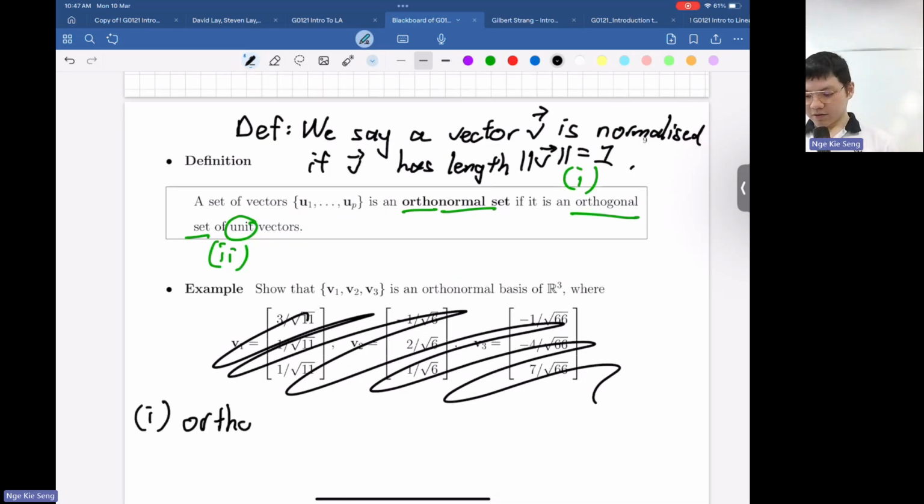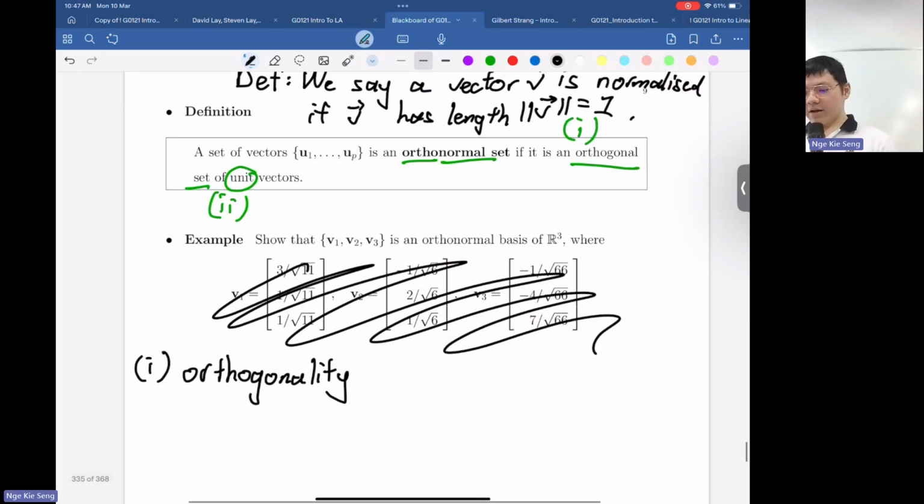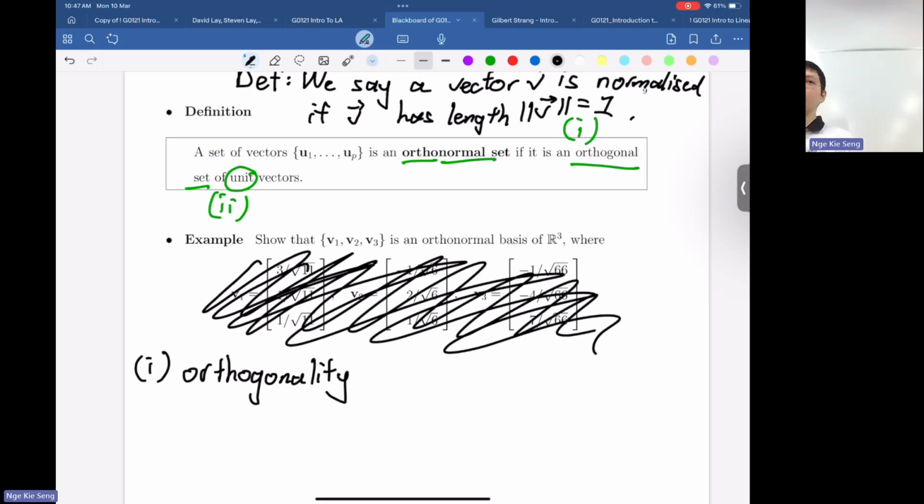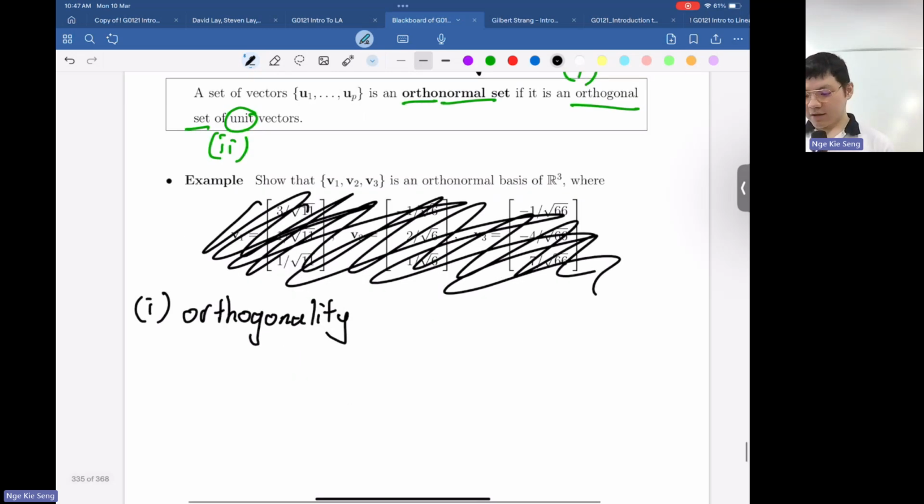So one thing is orthogonality. You need to check the dot product is 0. How many of them? We already know there are 3 vectors, so I think there are 3 checks: V1 dot V2, V2 dot V3, and V1 dot V3 have to be 0.